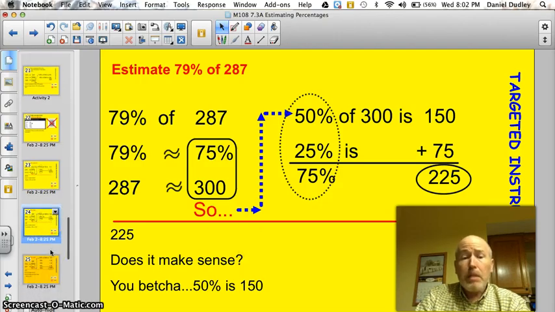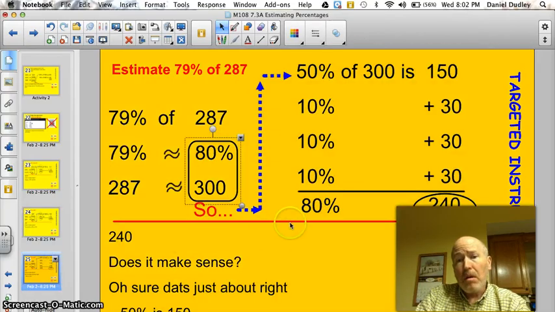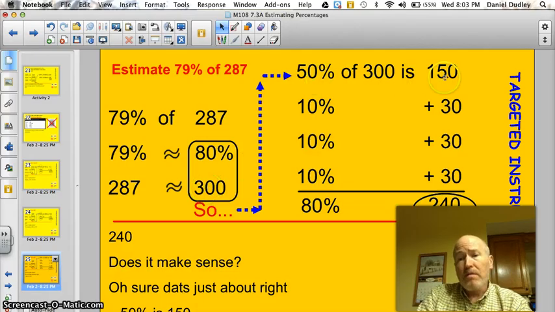All right, speaking of repetitive, here's another way of solving that same problem. 79% of 287. This time I said 79% is 80%. I rounded up. 287, I still said it's 300. So now I'm looking at 80% of 300. I did 50% is 150.